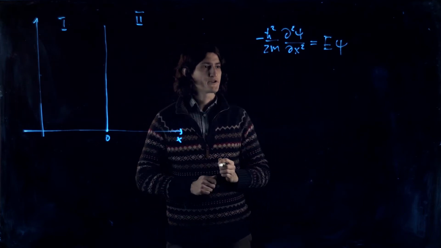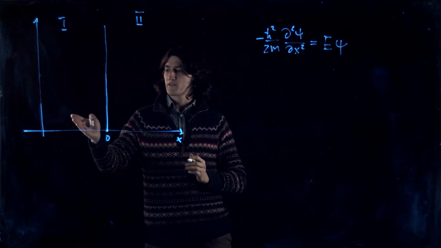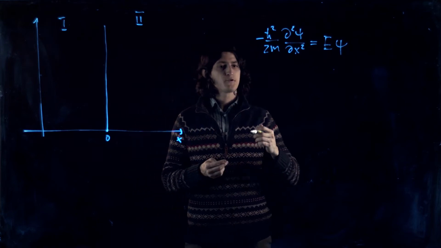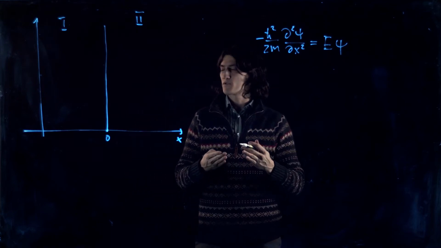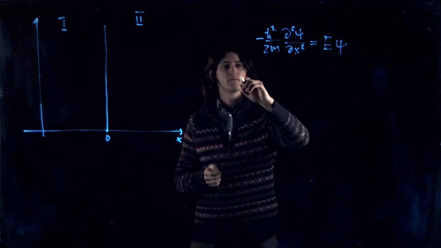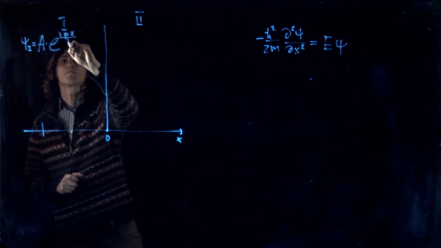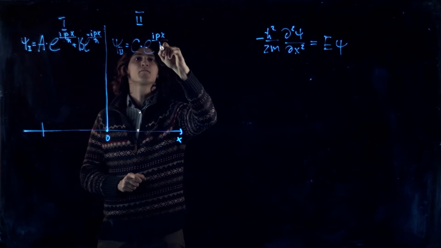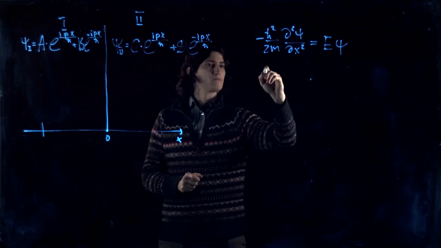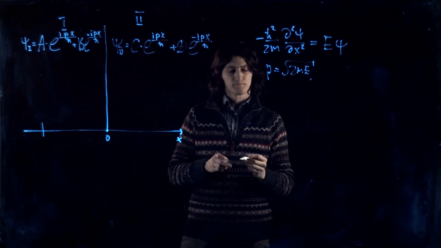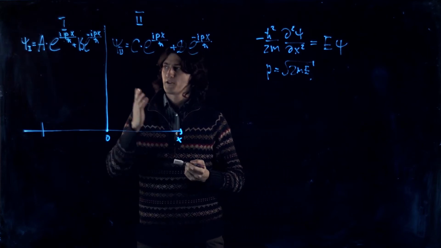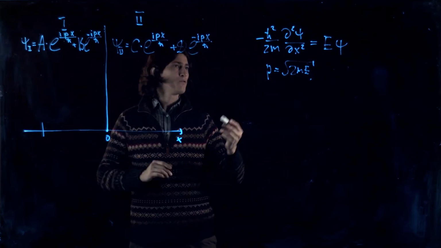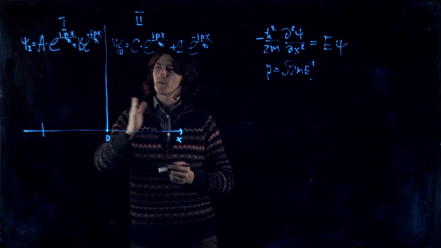That Schrödinger equation can be solved in each region, and the solution is a simple superposition of exponents. So, that is the solution of the Schrödinger equation in both regions.